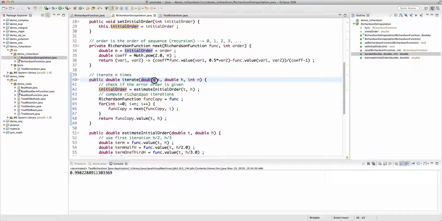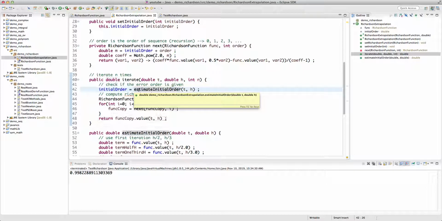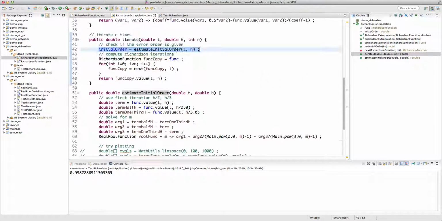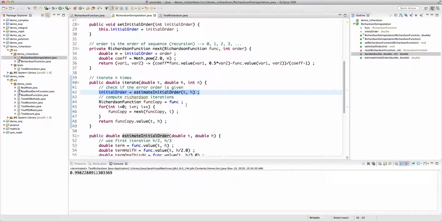Based on where we calculate the t, we estimate the initial order and then do the iteration on Richardson. Now the problem here is that obviously if we call this method multiple times at different t's, for example, if you want to find the derivative function at different t's, then we calculate the order each time, which is probably not a good idea. But in general, it's better to do it like this.